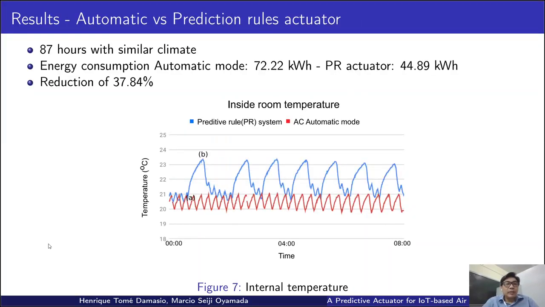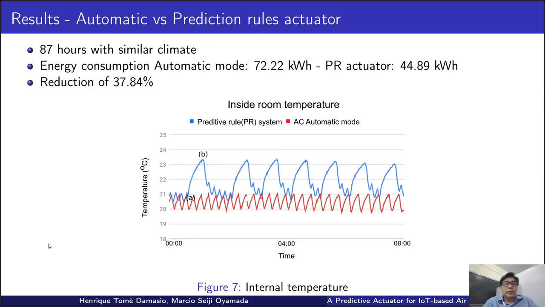Comparing the automatic mode versus the prediction rules actuator, we found 7 hours with similar external temperature. And comparing the energy consumption of the air conditioner unit, the predictive actuator obtained a reduction of 37%. In the figure we can also see the air conditioner unit in automatic mode working during the night.